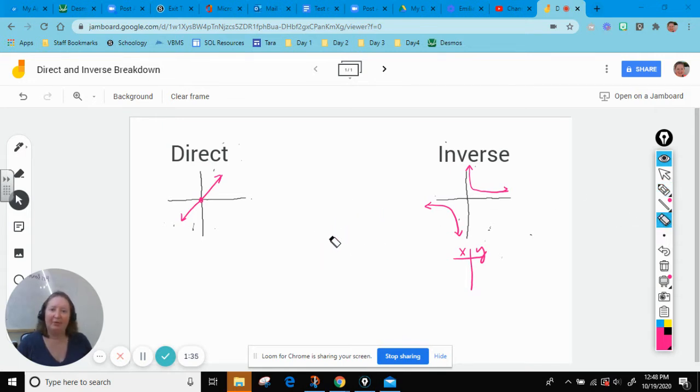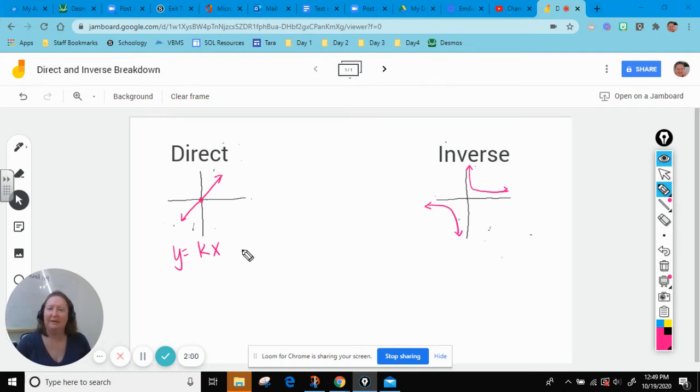Now let's think about the other ways to note if something is direct and inverse, because you're not always given the graph. Maybe you're given the equation. Well, the equation is y is equal to k times x. So this looks very similar to slope-intercept, okay? With a slope but a y-intercept of 0, of course, because that's where it's crossing the y-axis.